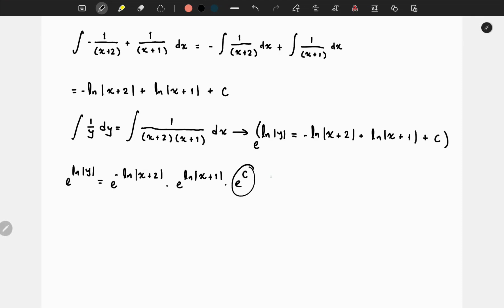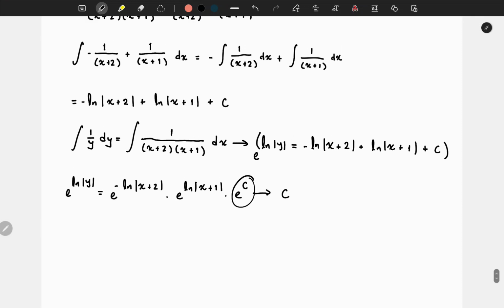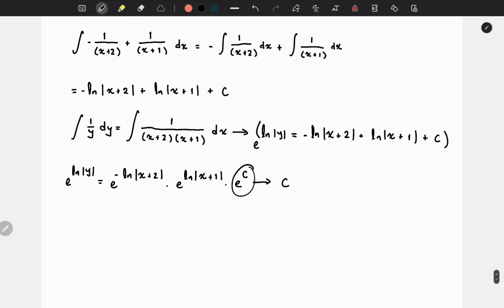And technically, this is just another constant. So we can just rewrite this as C, or any other variable really. And what else? Okay, well, we can see that e and natural log cancel out. So this would cancel out, this would cancel out, and this would cancel out.